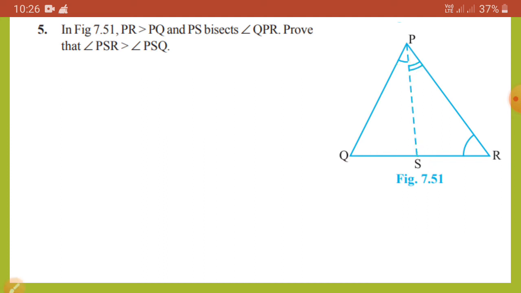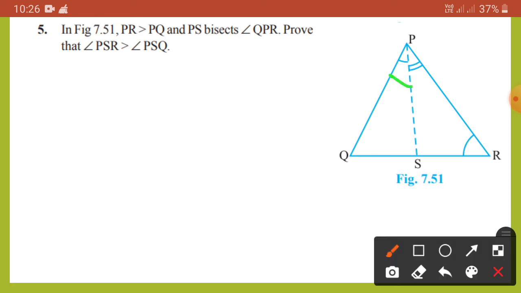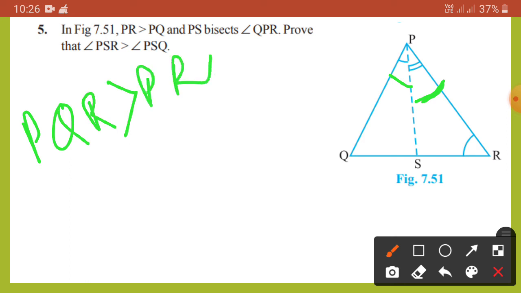Here QPS equals RPS, as PS bisects QPR. Then PQR is greater than PRQ, okay, got it?